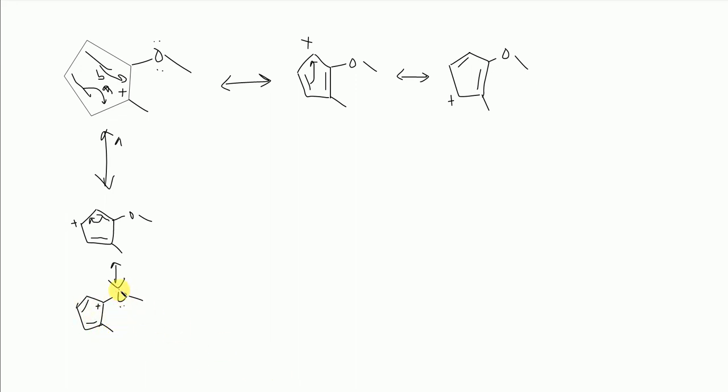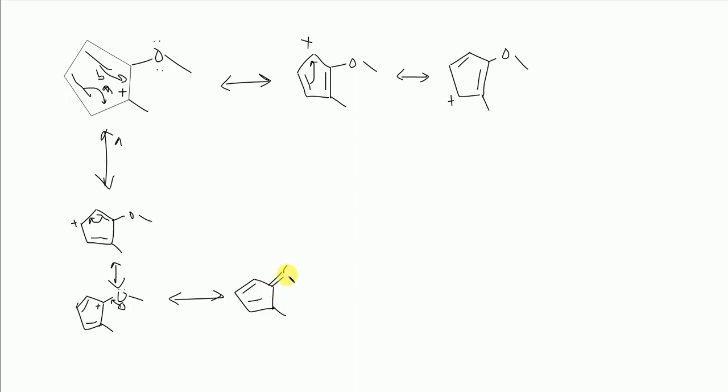The oxygen's over here with its lone pairs, and now the oxygen can reach the positive charge. So this opens me up to the next one. Okay, so the oxygen can resonate in. And this is important to reach this form, right?